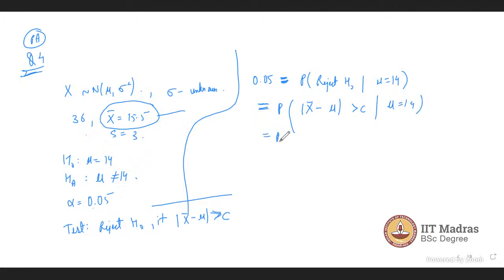Now I will just substitute my mu to be 14 here and say greater than C, right? Now, what is the standard deviation of X bar? That is not given to us. So what we do in place of it is we use the sample standard deviation, right? And what is the standard deviation of X bar?